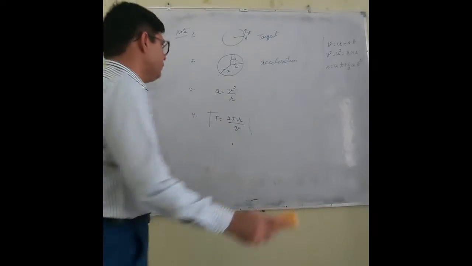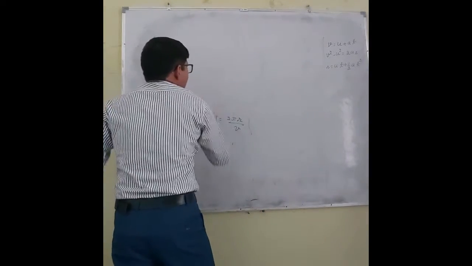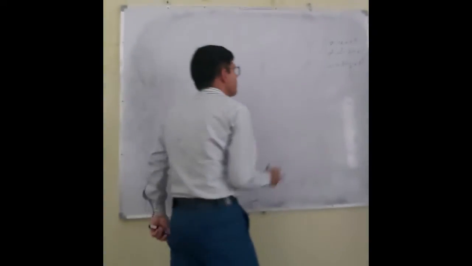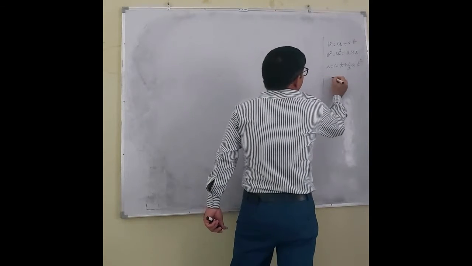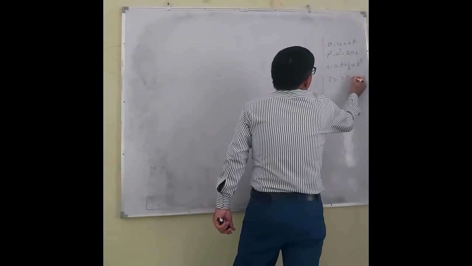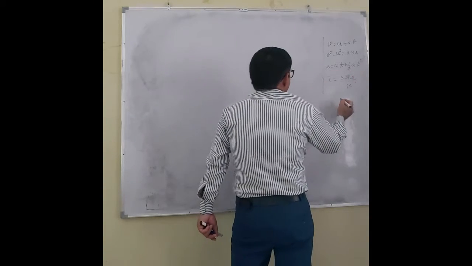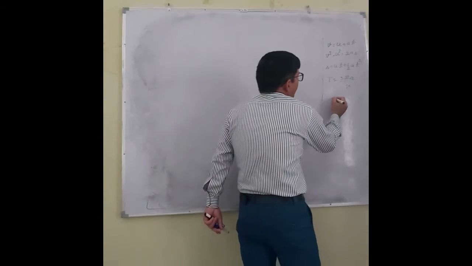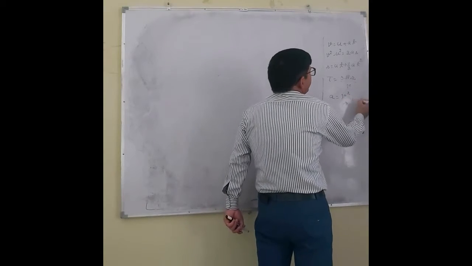I'm writing these formulas here. Time period is 2 pi r upon speed, and centripetal acceleration is v square by r. This we discussed today.